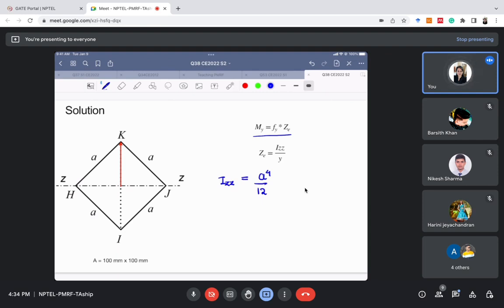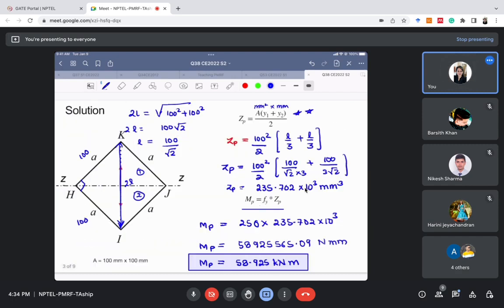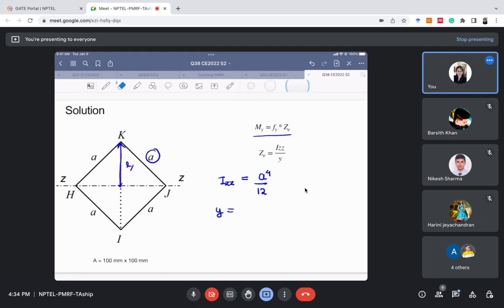For a rectangular section it is BD cube by 12. For a square section it is A^4 by 12, where A is the length of the side of the square, right? And Y in this case is L, we have assumed it as L, right? So Y is L in this case.